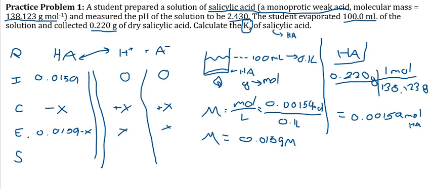Okay. Now, typically I would relate these terms using the Ka expression. However, I'm calculating Ka. What I can do instead is use the pH of the solution to calculate the concentration of H+, which is also equal to x.